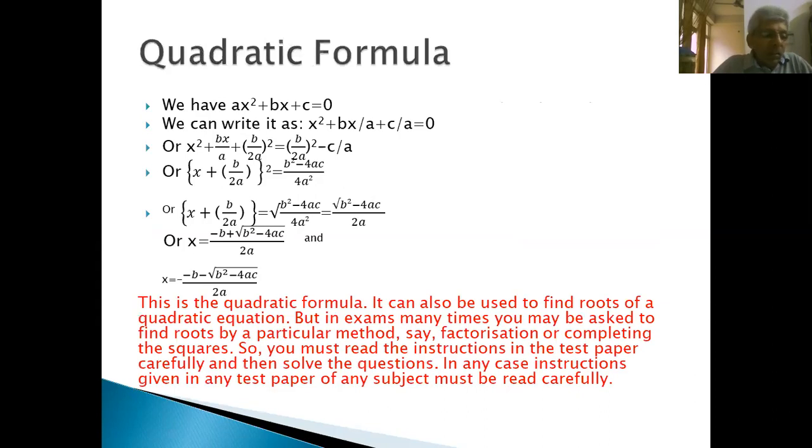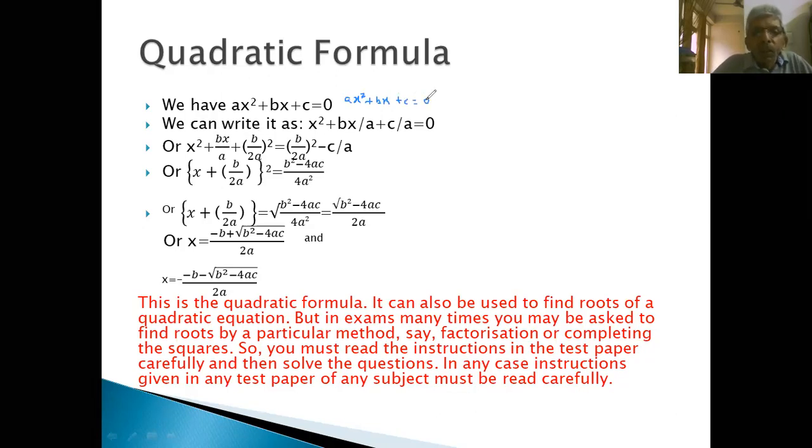You already are aware that in a quadratic equation we have an equation of the form ax square plus bx plus c. In my last video, on completing the square, I had shown you how to complete a square on the left side so that we can find the roots.